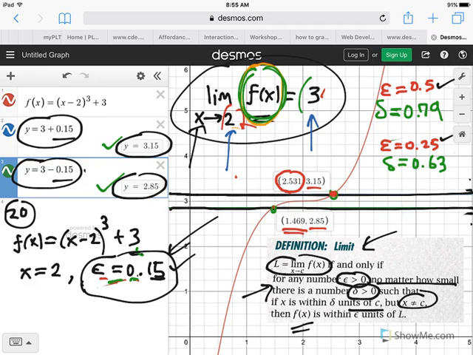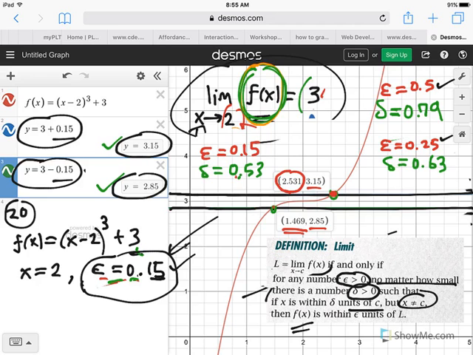So what that means is, when epsilon is 0.15, how small would delta have to be? It would have to be about 0.53. So if epsilon is smaller, delta will have to be smaller.